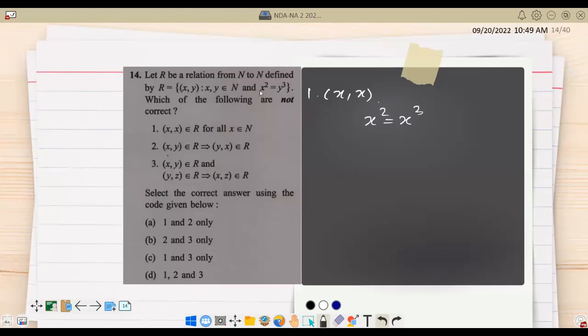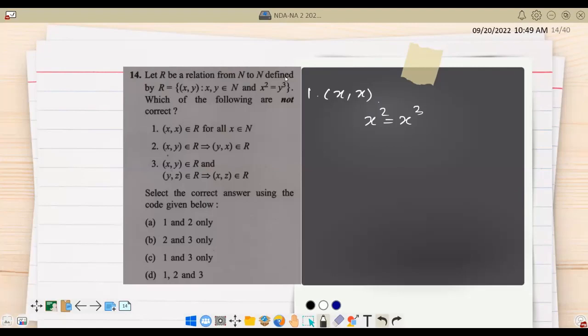This is only true if x is 0 or 1, but not for any other natural numbers.